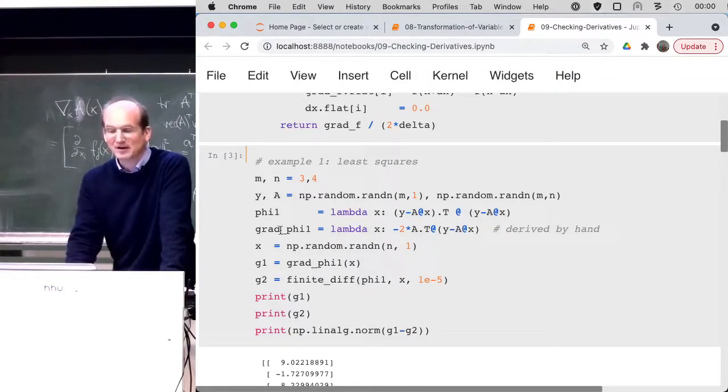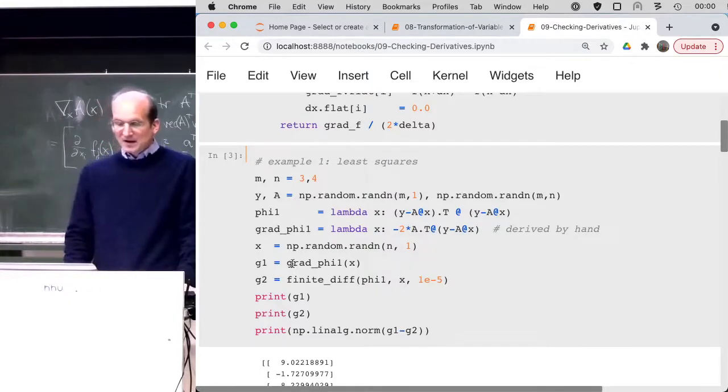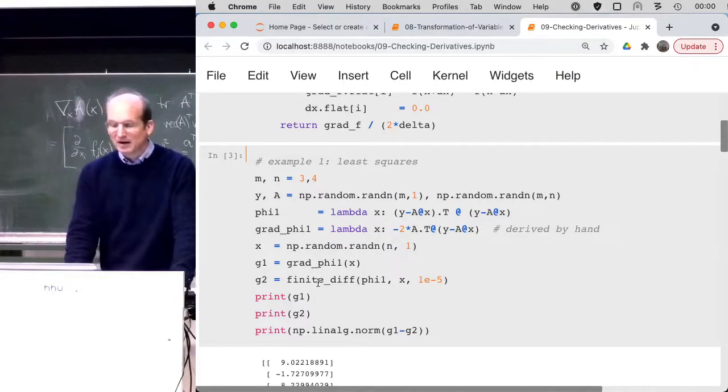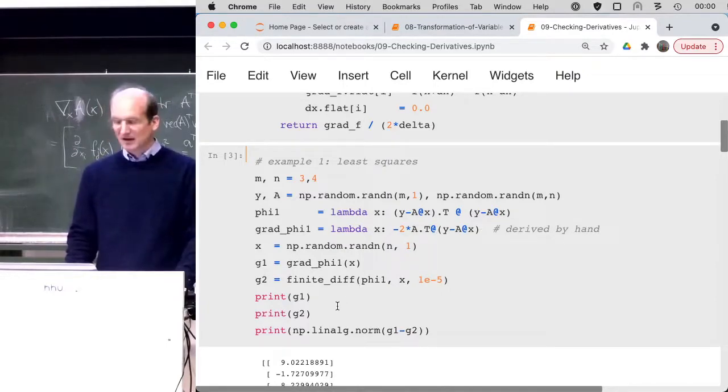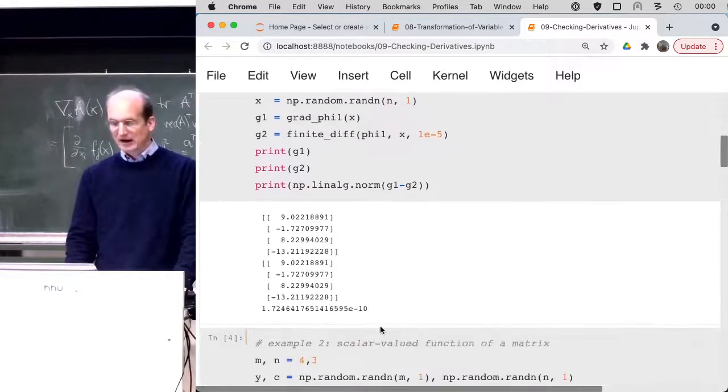So I want to check this grad phi1. So I take a random input here, I calculate the gradient with respect to my derived formula, and I use the finite differencing, and I plot them both and even calculate the norm of the difference. And as it turns out, I get the same answer. Okay? It's not exactly the same answer, but approximately.